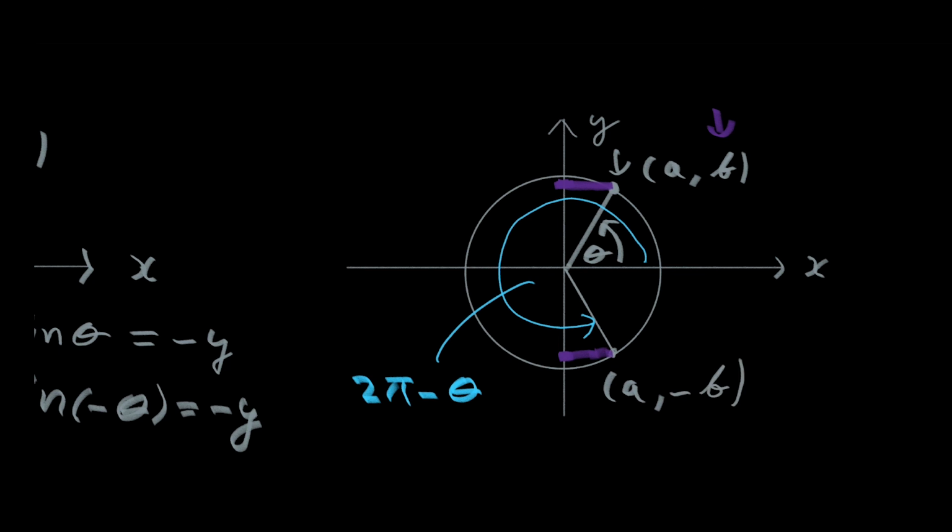The x coordinate is going to be a because you can see that these 2 points have the same x value. But their y components will be opposites in terms of what their signs are. Sign as in positive or negative, not sign as in the trigonometric function.